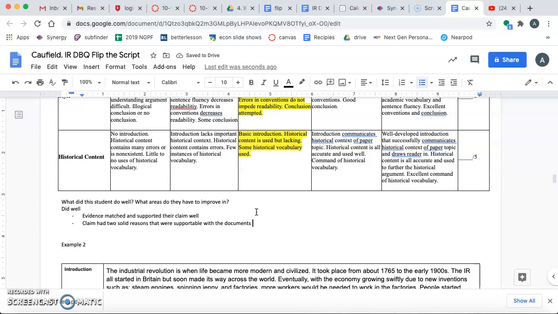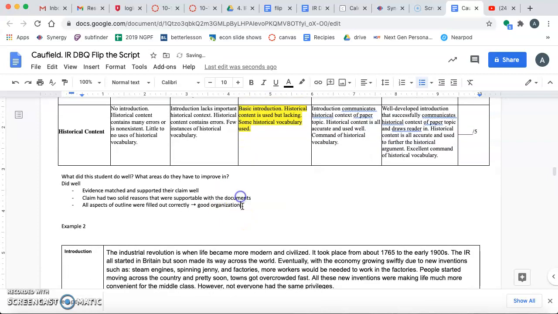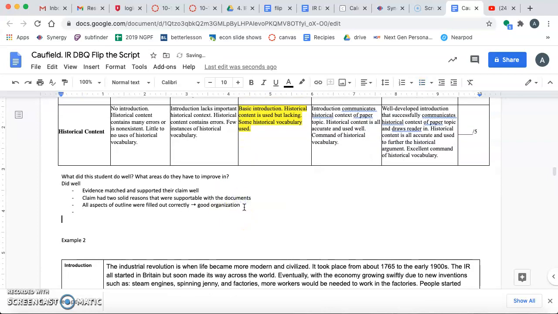And then I would say another good area was all aspects of the outline were filled out correctly, which means they had a good organization, right? So when they were supposed to put the evidence context, they did. When they were supposed to put the evidence, they did. Areas to improve upon.